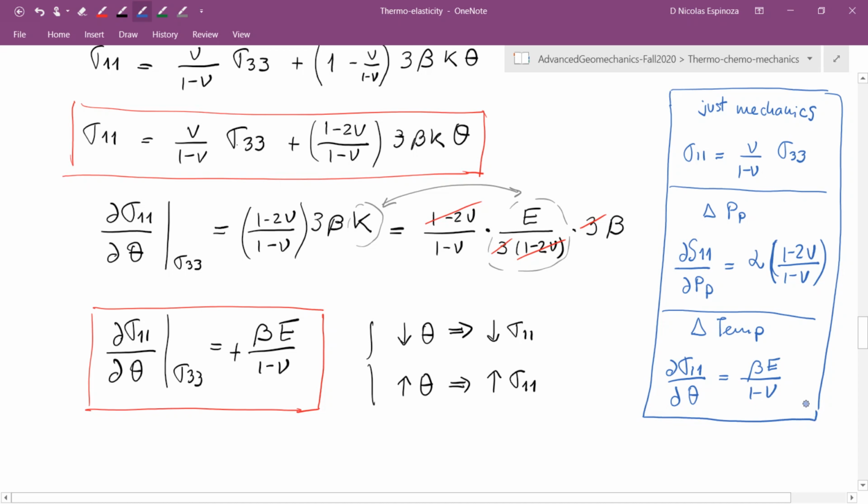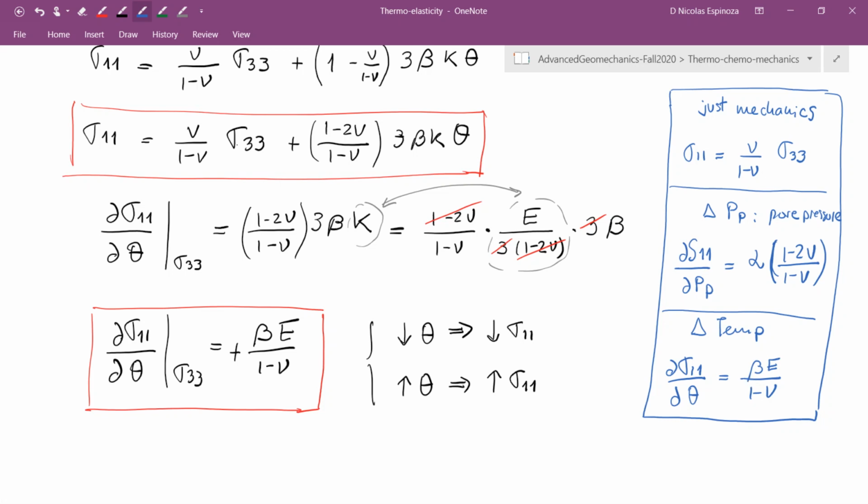So now we expanded our mechanical equations with changes of temperature and changes of pore pressure. And now we see that with the new physics that we have for the case of poroelasticity, here we have the Biot coefficient. For the case of temperature, now we have the linear thermal dilation parameter.